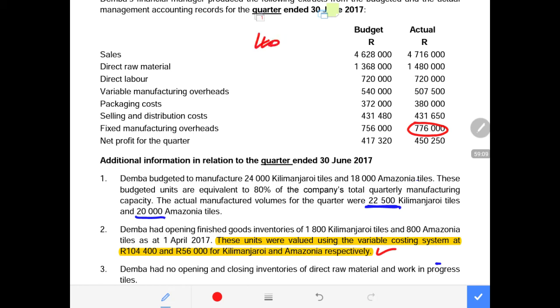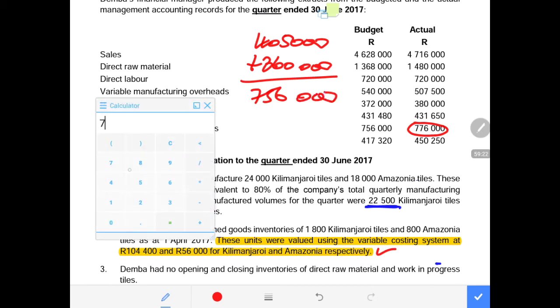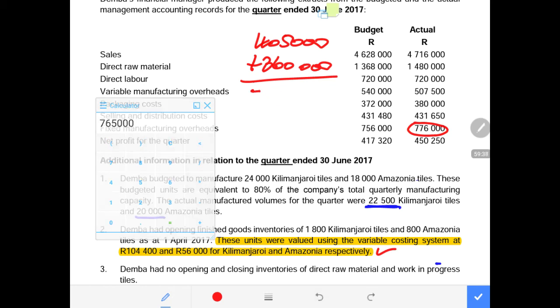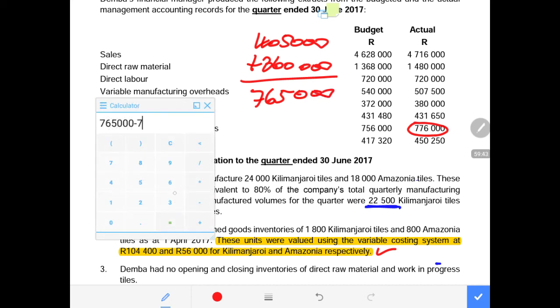We had 405,000 plus 360,000, which gave us 765,000 minus 776,000.